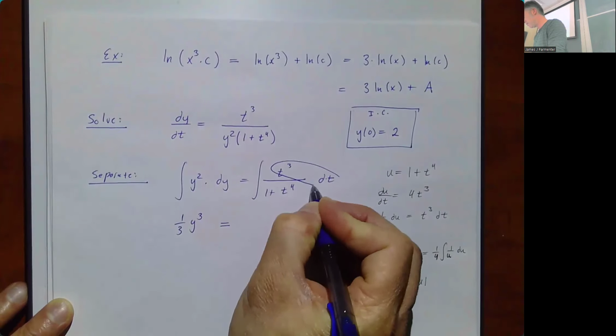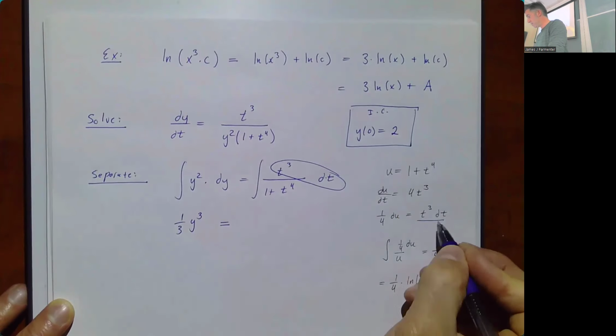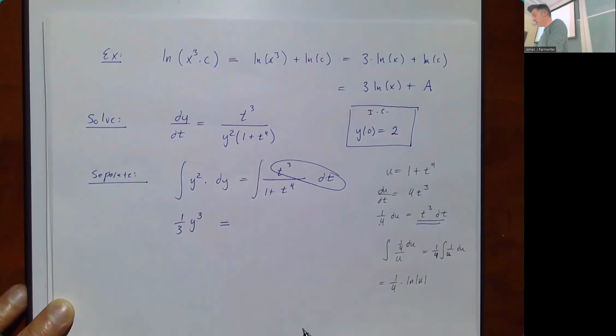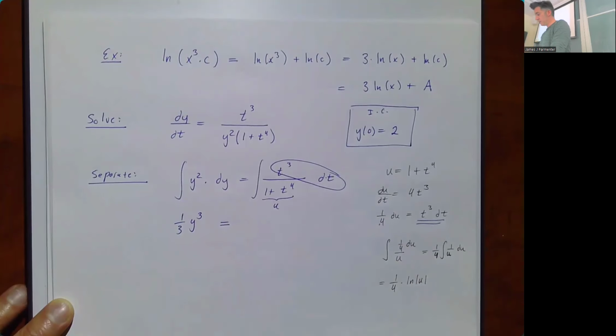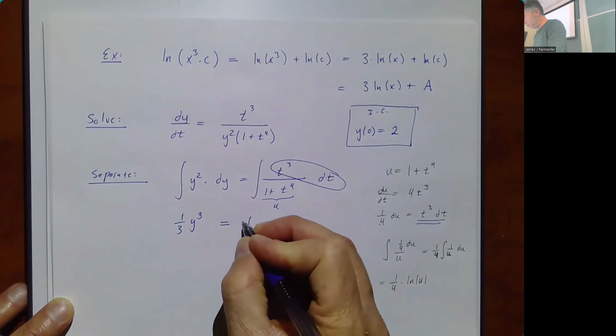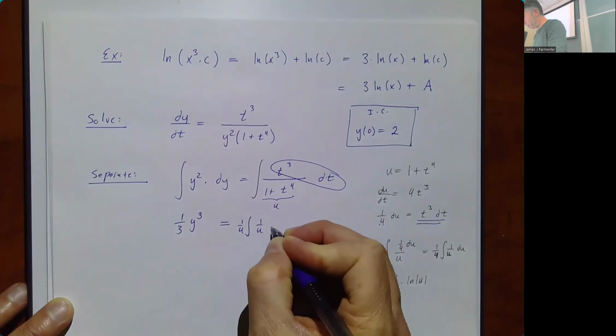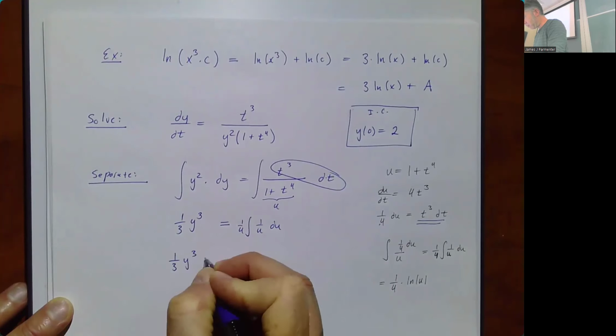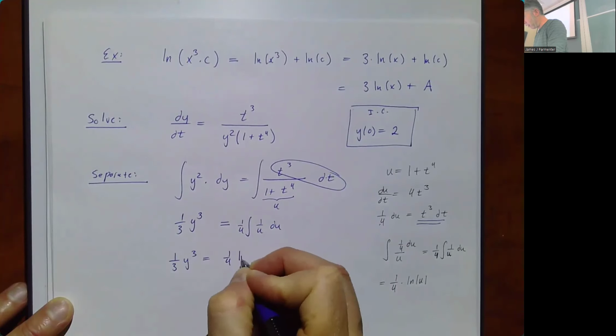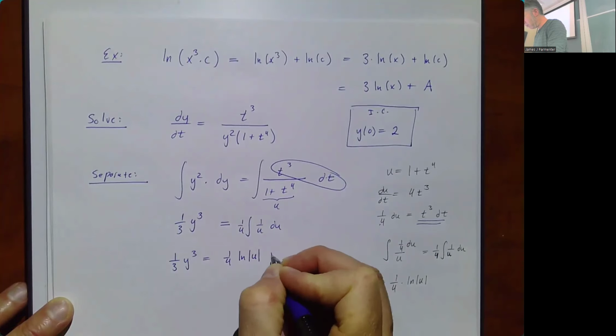This t cubed times dt is equal to 1/4 du, and this 1 plus t to the fourth is equal to u. So we're integrating 1/4 1 over u du, which then becomes 1/4 times the natural log of the absolute value of u plus c.